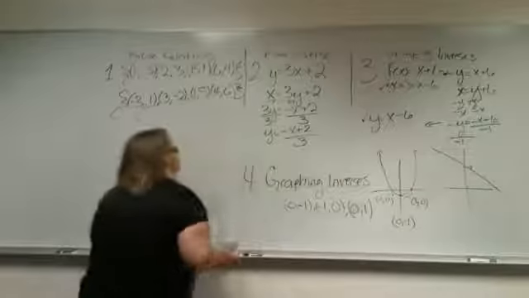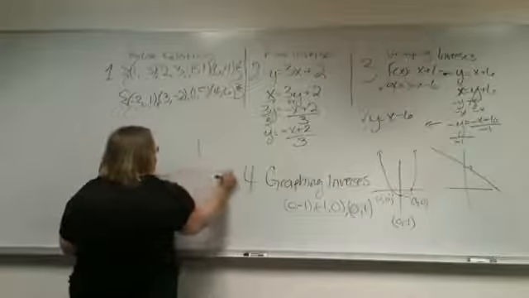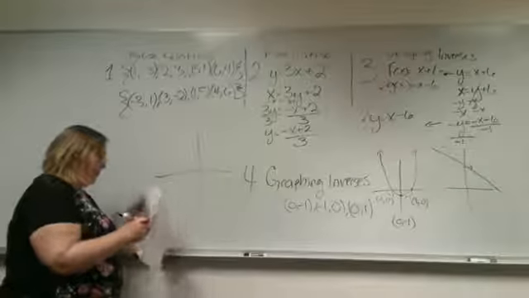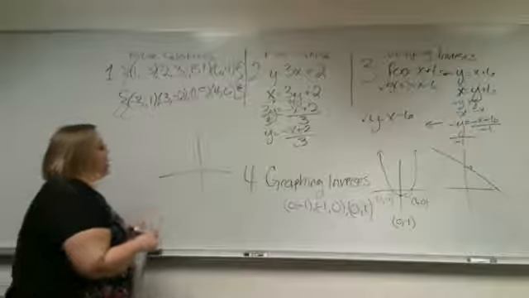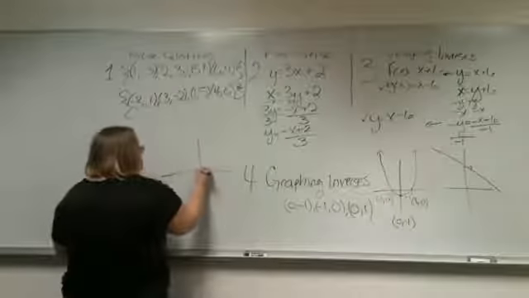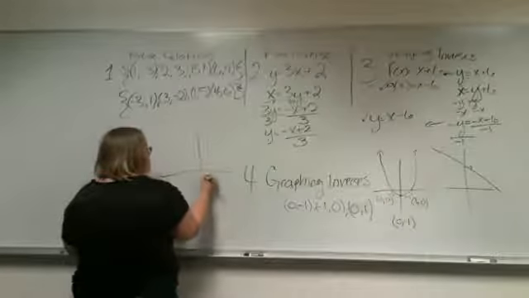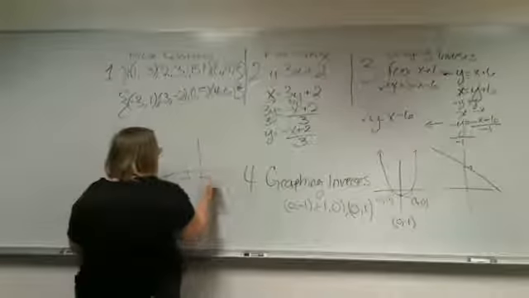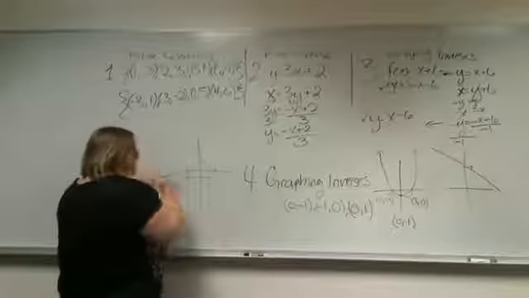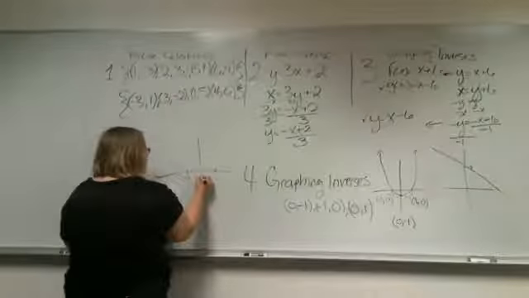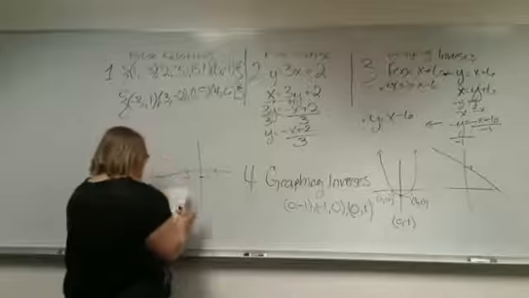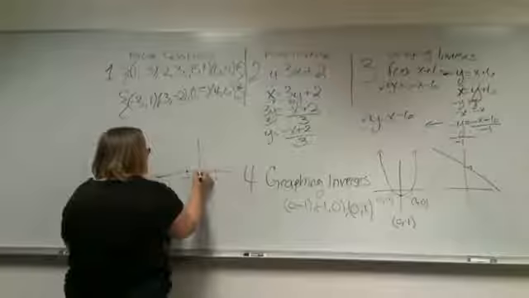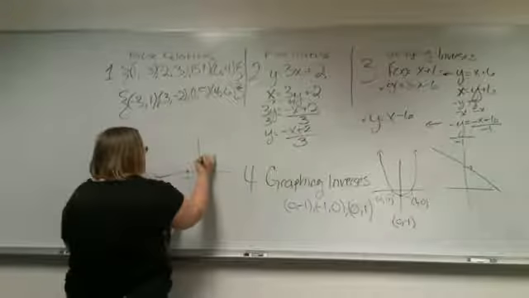I'm going to do this inverse graph here. So we have a point at 1, 1, and there's the other one at -1, 0, and at 0, 1.